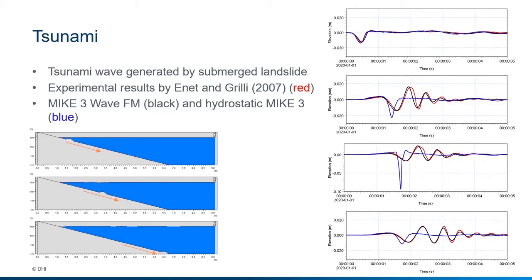And as we see to the right, we have the surface elevation evolving with time as the submerged landslide slides downhill along the bottom, and we see the development of a wave. We see that the blue model, which has the hydrostatic assumption, fails quite miserably to capture the red surface elevation developed by this submerged landslide. But the MIKE 3 Wave FM module captures the surface elevation quite accurately.